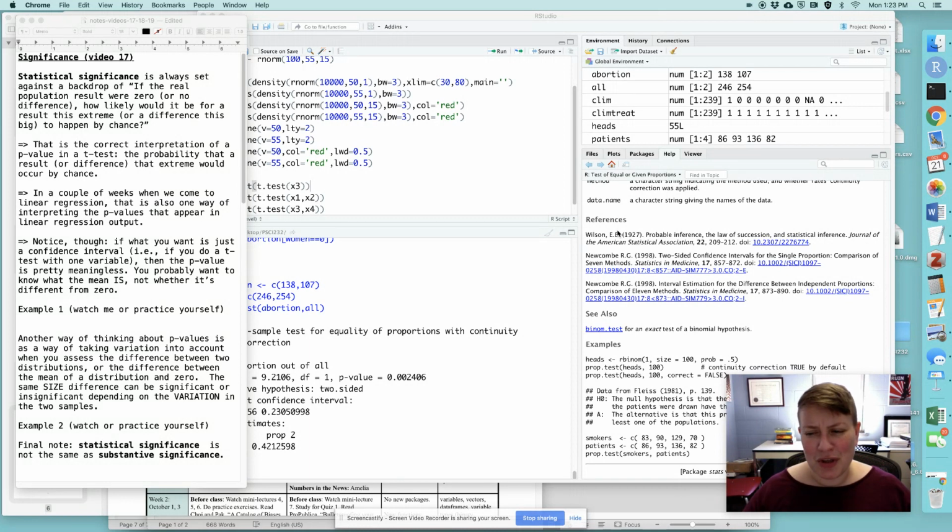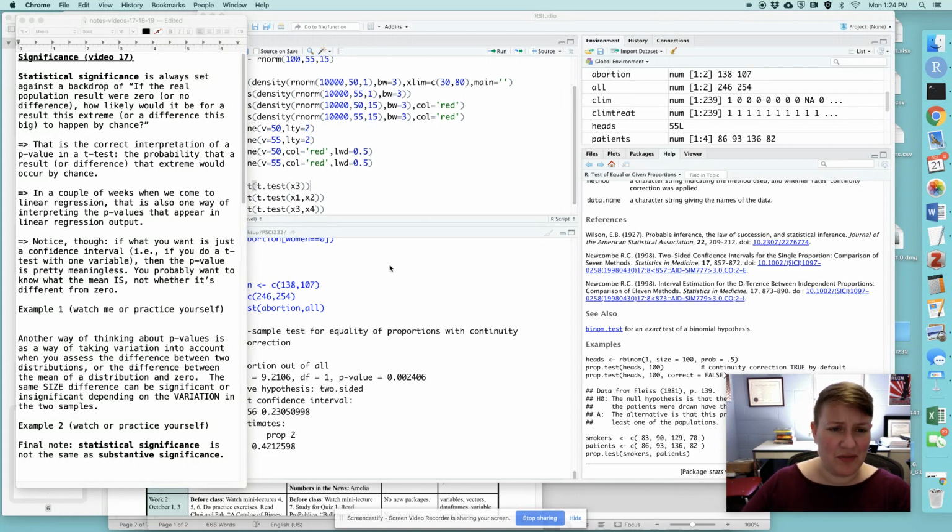You don't care in particular, unless you think the true mean is 0, unless you have reason to believe that, you don't really care whether the true mean is 0. You just kind of want to know what the confidence interval around your sample mean is. In any case, that's a reason when you look at a one sample t-test to kind of ignore the p-value and just look at the confidence interval.